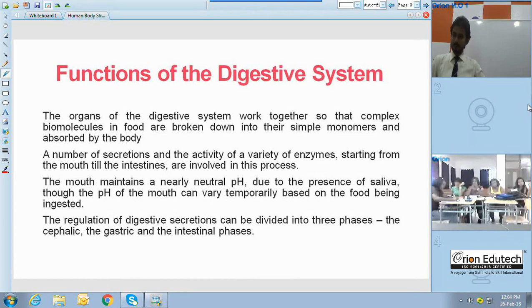Cephalic, the enzymes which are produced in our mouth, and the gastric phase, the enzymes which are produced in the stomach, and the intestinal enzymes which are produced in the intestine.